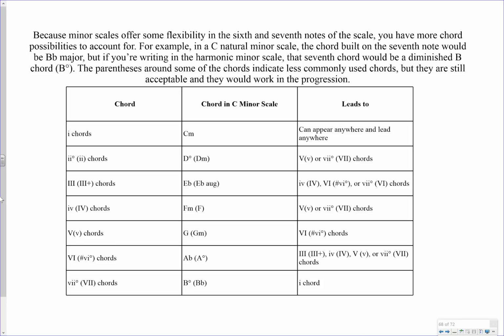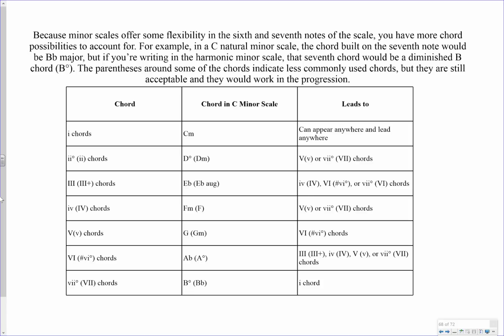Your 2 diminished, or your minor 2 chord, can head on over to 5, or 7 diminished, or minor 5, or major 7, depending on what form of minor we are using. The major 3 or the augmented 3, depending on the form of minor, can head on over to the 4, the 6, or the 7 chords.